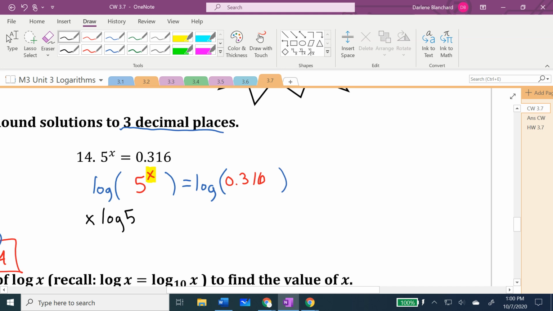So I don't have to write a multiplication sign, but that particular rule is what's going to get you around having to deal with some change of base formula. So I want to just overemphasize bringing that x to the front. Now you have two base 10 logarithms.